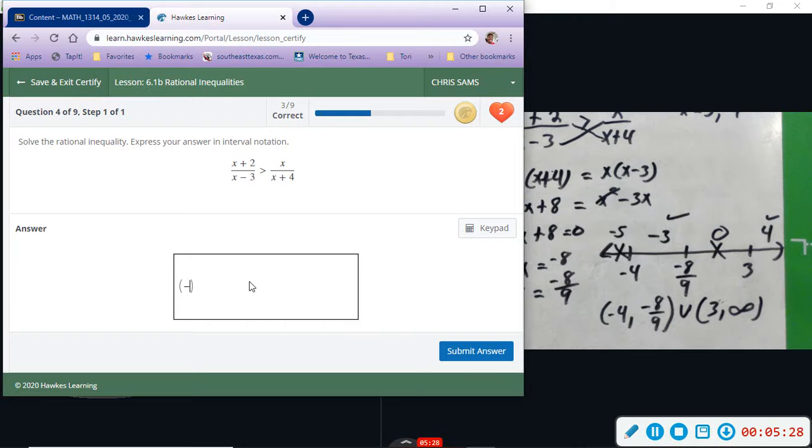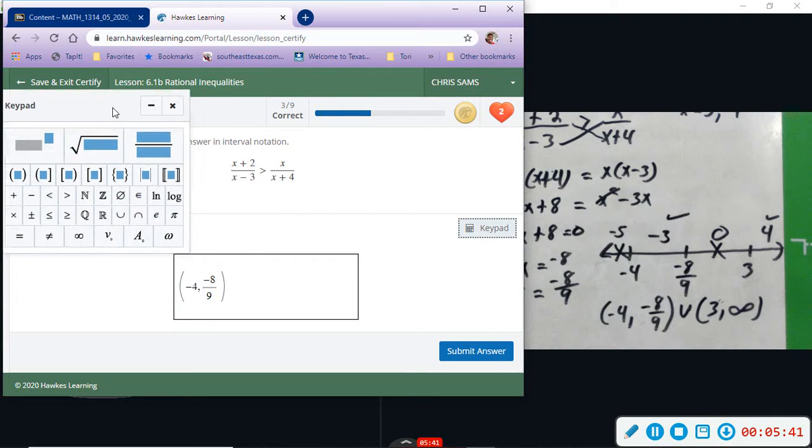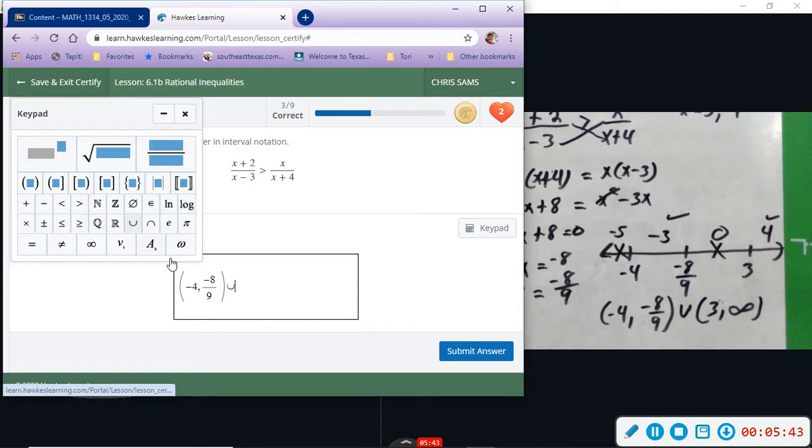So we have negative 4 to negative 8 over 9, and then union, parentheses, we're going to go from 3 to infinity.